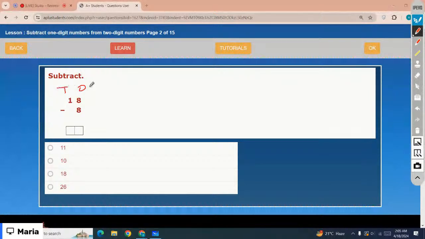So subtracting a number from itself always makes a 0. 8 take away 8 is 0, right? You don't have any digit right below 1, so just move it below. So 18 take away 8 is 10. The correct option is 10. Got it? Sorry, 10. 18 take away 8 equals 10.